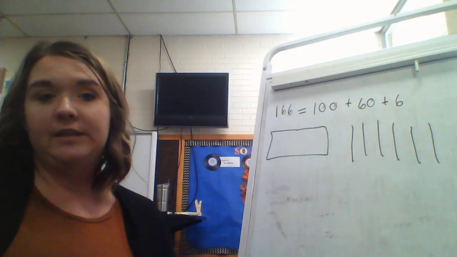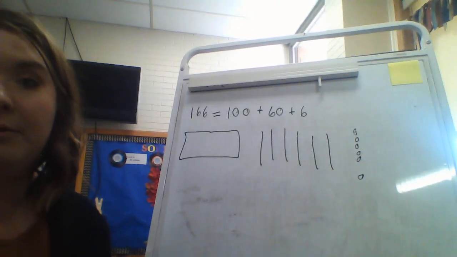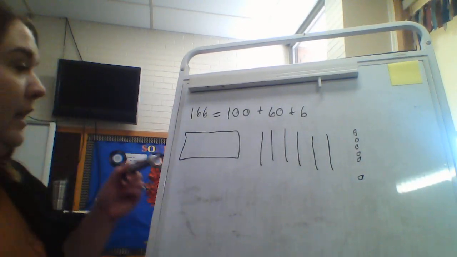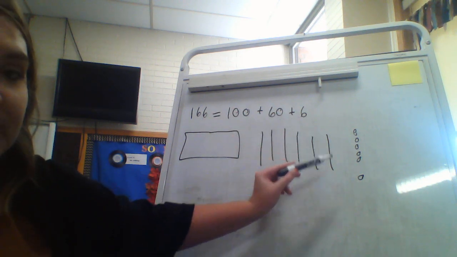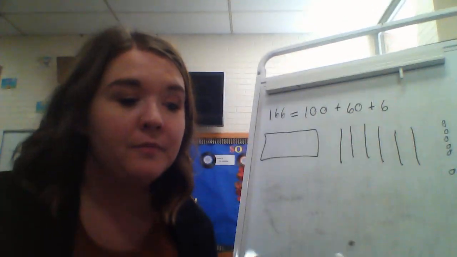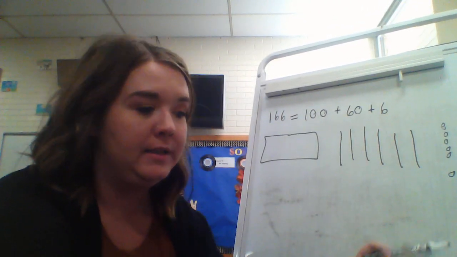Okay, so 166 is the same as 100 plus 60 plus 6. And I have 100, I have 6 tens, which is 60, and I have 6 ones, which is 6. All right, so we're going to practice using this sum.